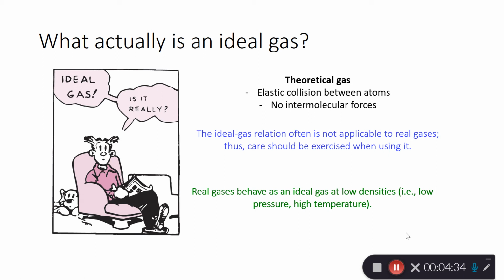But to make things simple for you, in this subject, you can use the ideal gas equation anytime at all where you see ideal gas as the substance in the system. As long as it's an ideal gas, be it CO2 or oxygen or nitrogen or air, you can use the ideal gas equation.